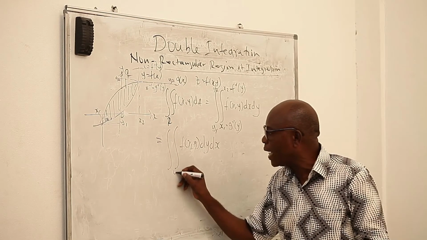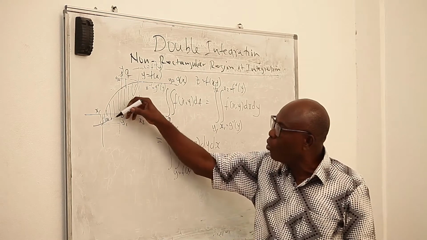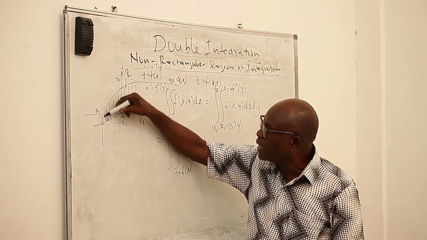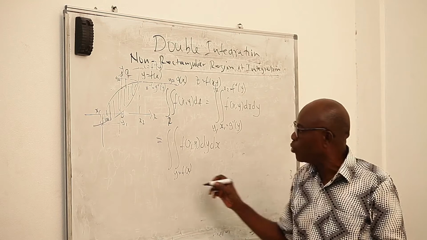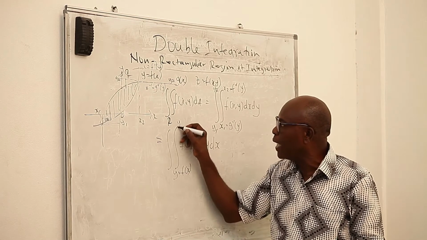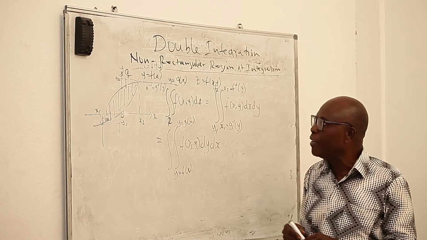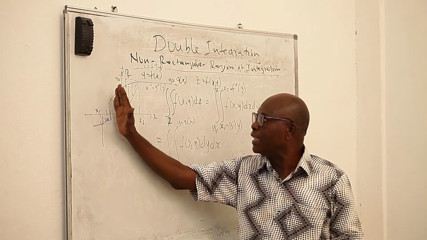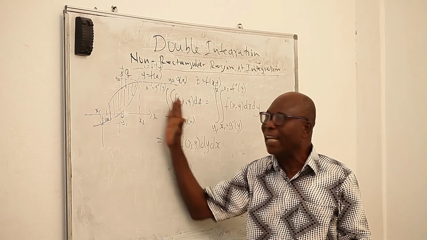Then we move to the upper curve, which is y equal to g of x, so the upper limit becomes y equal to g of x. When we finish the vertical demarcation, we take all the strips and move along the x-axis.